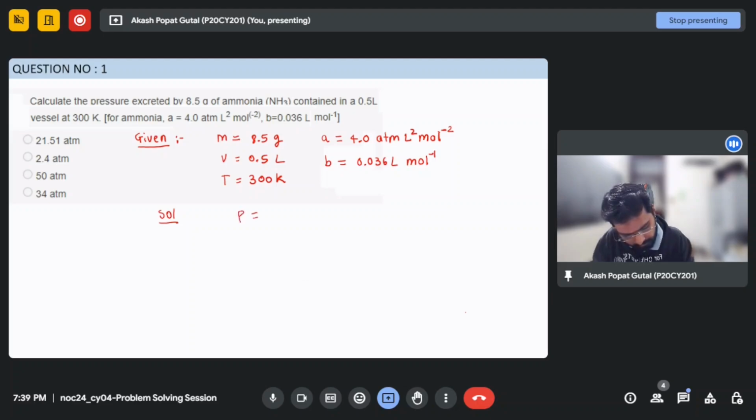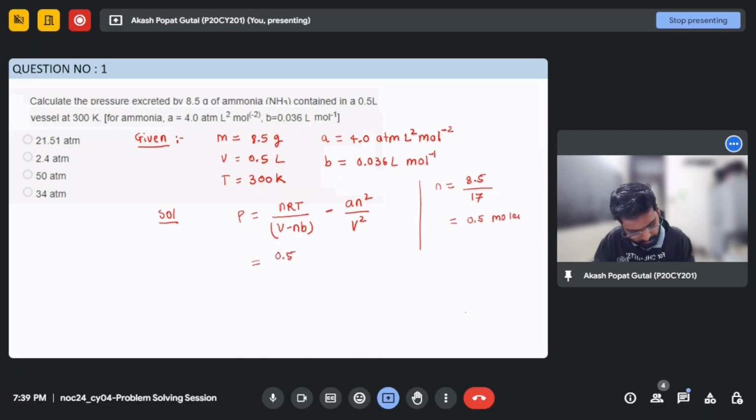So now the pressure is equal to nRT by V minus nb minus a n square by V square, according to van der Waals equation. So we just put it. We need to calculate n, the number of moles. n is equal to the mass of the gas divided by its molar mass. The molar mass of NH3 is 17. So we'll get nearly 0.5 moles.